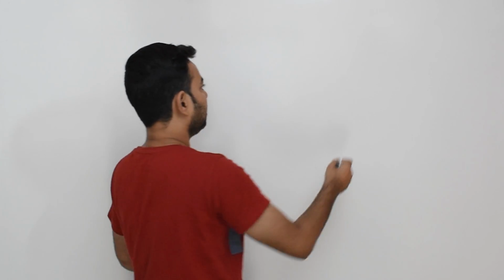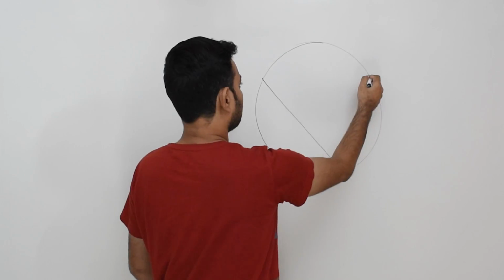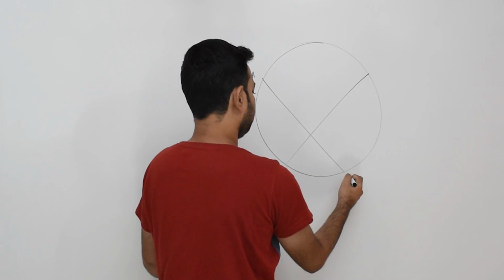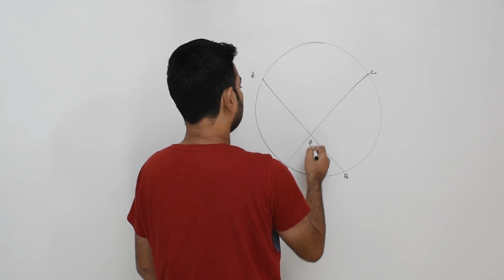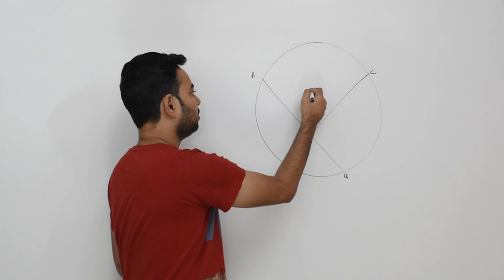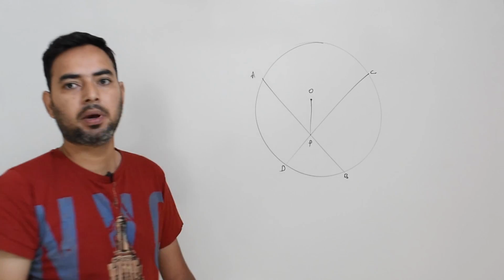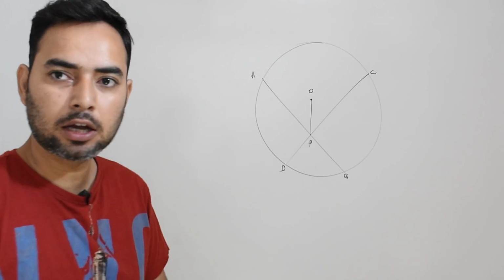Another question based on this chapter is: these are two equal chords, AB and CD, intersecting each other at point P. O is the center of the circle. The angles formed by the segment joining the center to the point of intersection with the chords are equal.